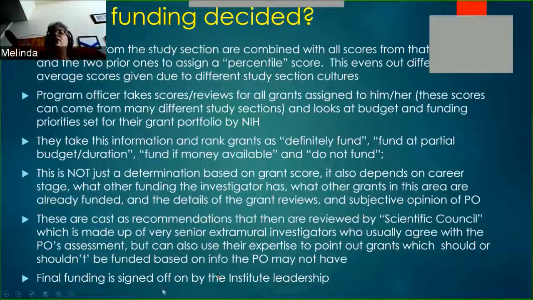Now, after this round has happened, there's another whole layer of compliance that's done. If you're doing human subjects research, they're not going to fund you unless all your human subjects certifications are in place and your IRBs are approved.